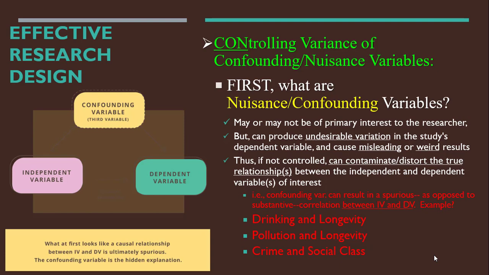So at times when you come to the seminar and you are presenting something and we're telling you that, oh my god, this does not look good, why do you think these and these are related? Oftentimes, it's because you did not take note of the confounding variables. You did not control for them. Because if you do not control for them, they contaminate or destroy the true relationship between the independent and the dependent variable.